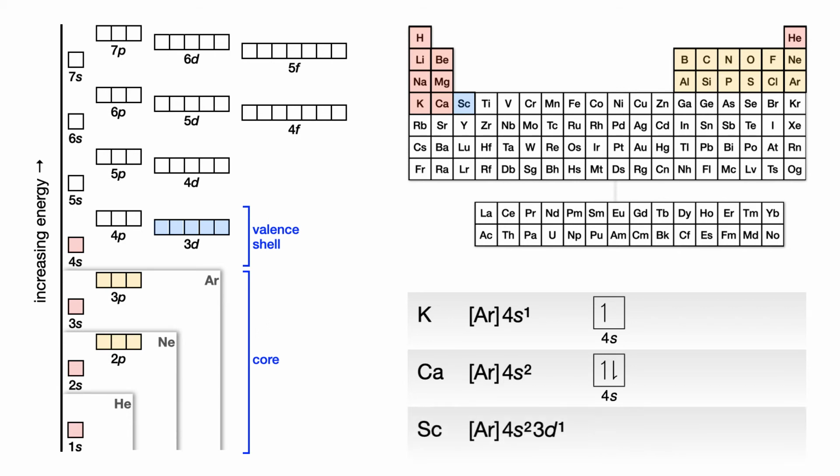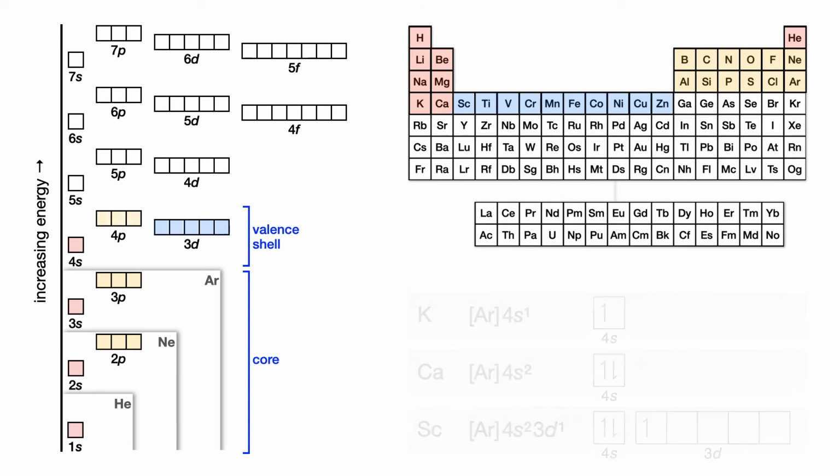It has an electron configuration of argon 4s2 3d1. And it has an orbital diagram for the valence electrons that looks like this. And then the next 9 elements, titanium through zinc, just add their electrons into the 3d sublevel and fill it in.